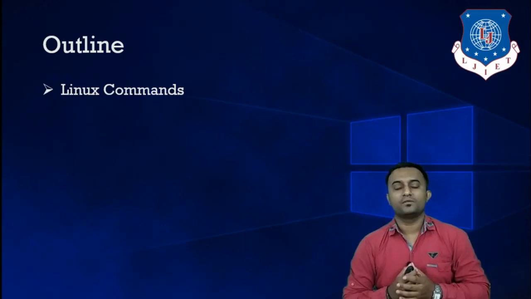There are various Linux operating systems available in the market, and Linux is an open source operating system. It is freely available, so you can easily download any version of Linux from the internet.